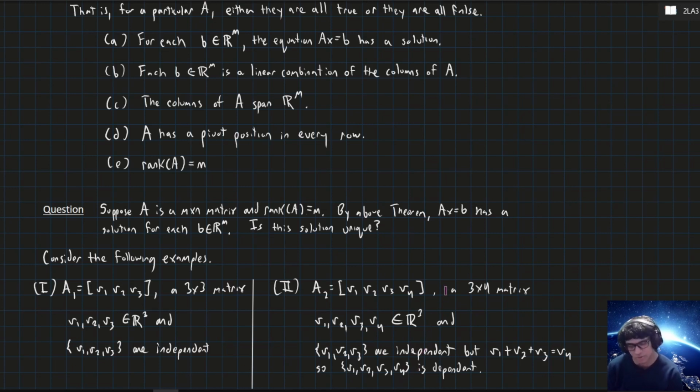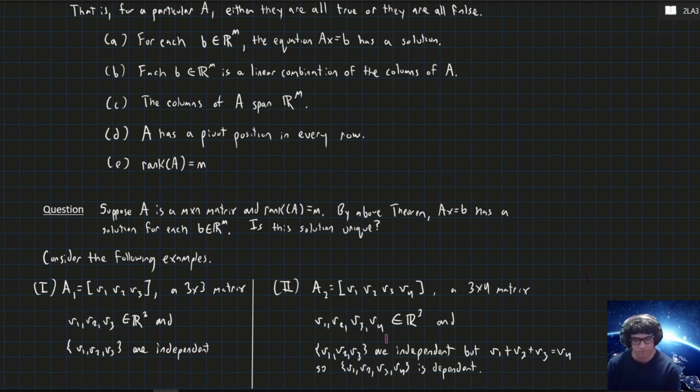If you remember a fact from a previous lecture, we stated that if the number of vectors exceeds the dimension of the space they're in, then they're automatically dependent. So any set of 4 vectors in R3 is going to be dependent.